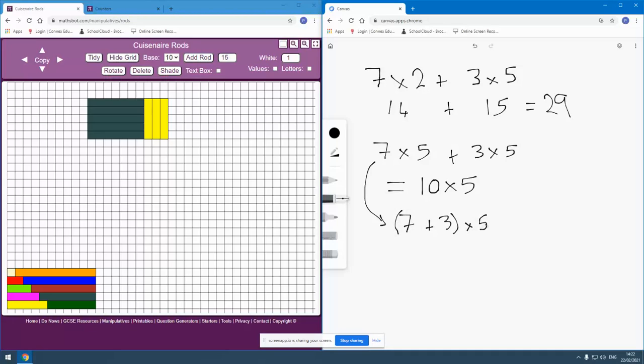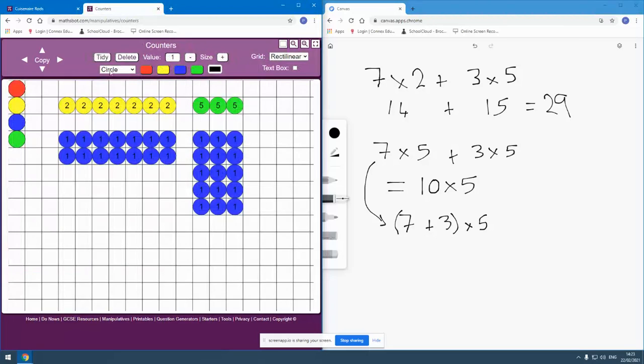And pupils seeing and recognizing this is laying all sorts of wonderful groundwork for when we talk about factorization of algebraic expressions, or when we're looking at calculations involving large numbers or decimals, and we want good strategies for those things. And you simply don't get that if what you're teaching pupils is BIDMAS: do brackets, indices, division, multiplication, then addition and subtraction. You don't get that same fluency, that same flexibility in strategy.